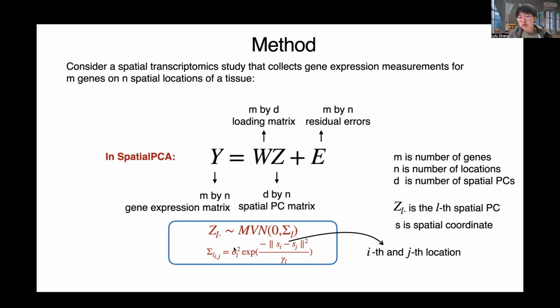So the intuitive idea is that if two cells or two locations are close to each other, and if they have similar gene expression profiles, then their values in the Z matrix will also be similar. So that is the basic idea.